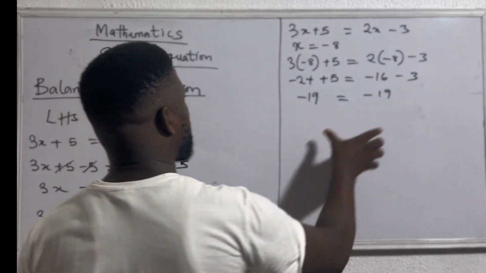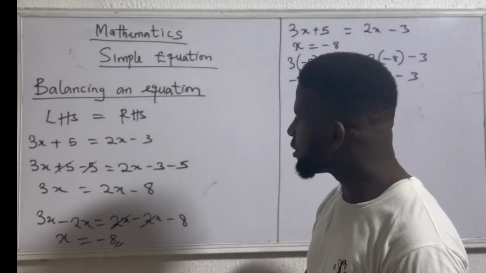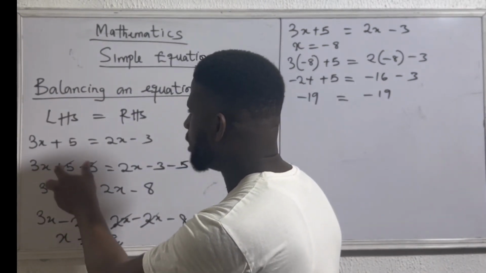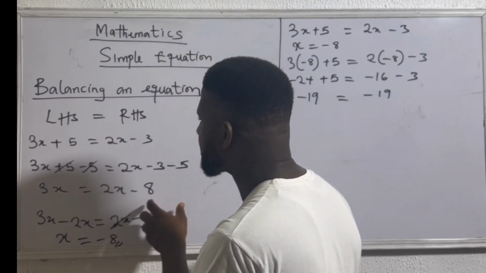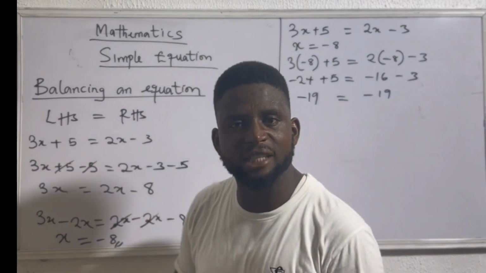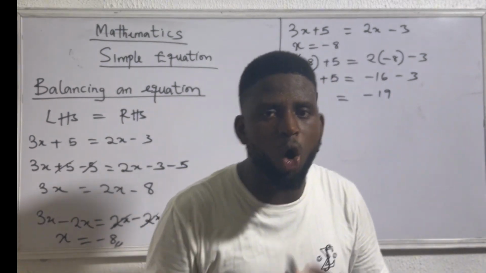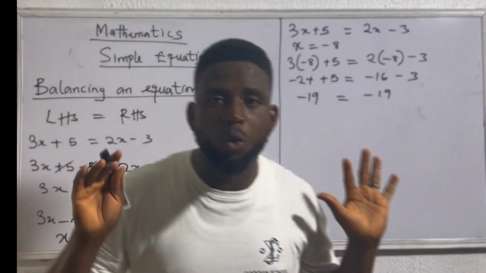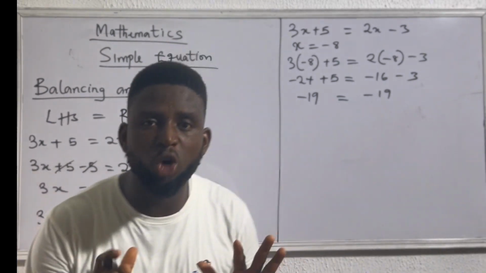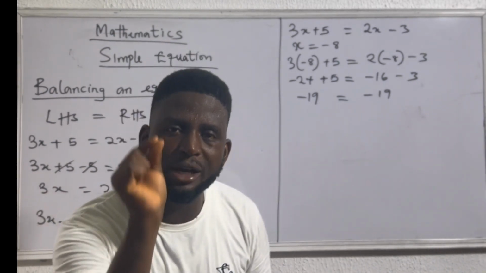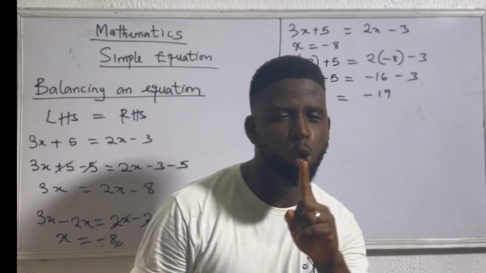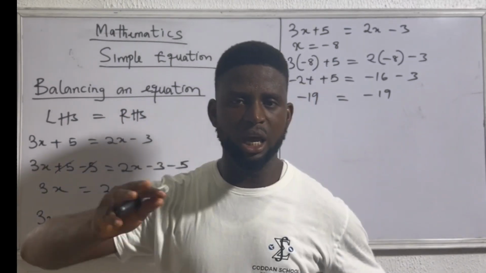So this equation is balanced, plus everything I did on the left hand side and on the right hand side, right? As long as what I did on a side is also done on the second side, the equation remains balanced. But when I just perform and carry out an operation on one side alone, the equation becomes imbalanced.